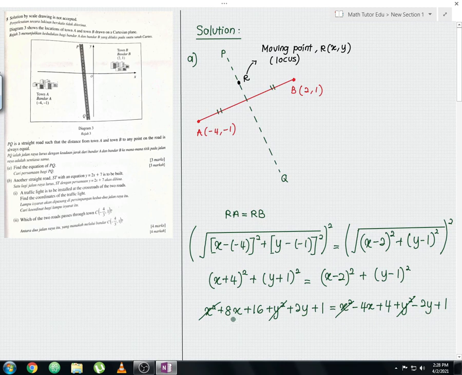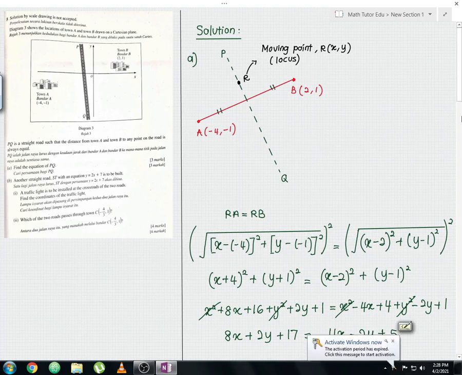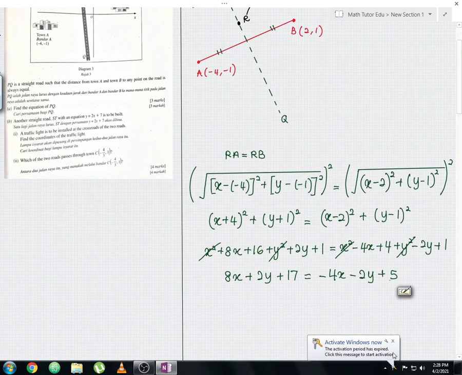So from here, for the left hand side, you will get 8x plus 2y plus 17 equals negative 4x minus 2y plus 5. Okay, so what we're going to do is group y on the left hand side and the x and the numbers on the right hand side.